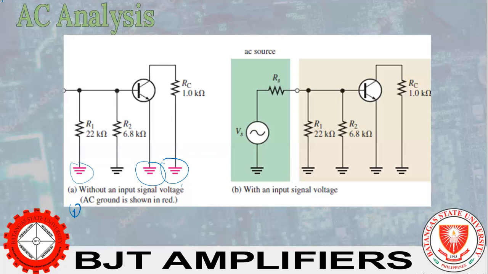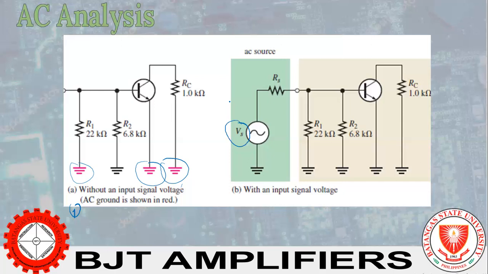Okay? So, an AC voltage source, our VS. We placed VS here. It is shown connected to the input terminal. If the internal resistance of the AC source is 0 ohm, then all of the source voltage appears at the base terminal.